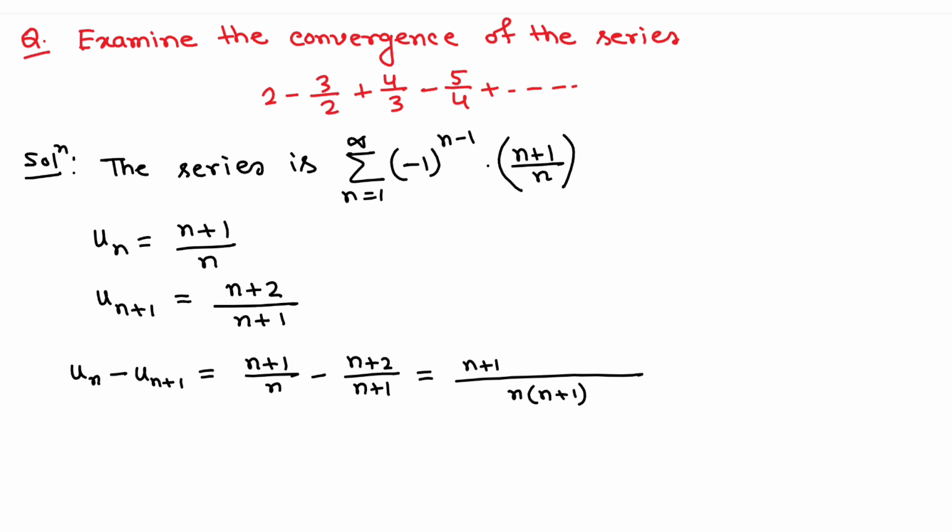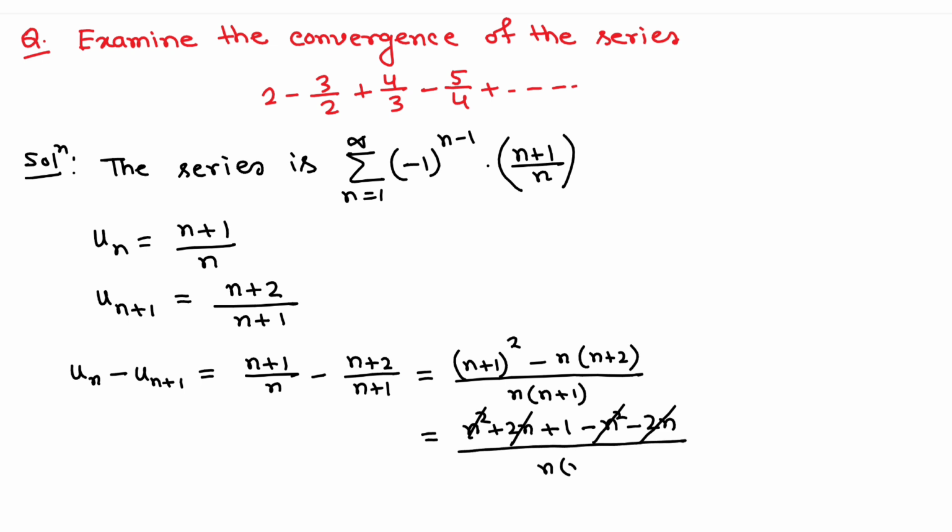So this will be n plus 1 whole square minus n into n plus 2. If I simplify this, n square plus 2n plus 1 minus n square minus 2n. 2n, 2n cancelled, n square cancelled. So you are getting 1 by n into n plus 1.